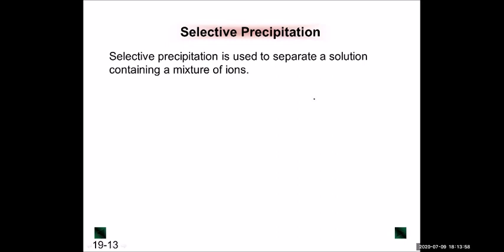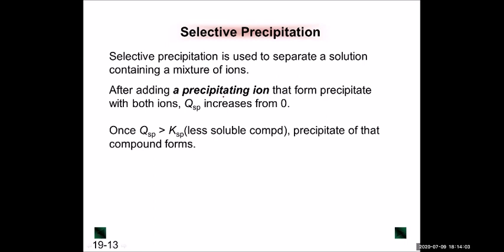Selective precipitation is basically this: we add a precipitating ion or precipitating agent, which is a reactant. Once we add it in, there's a chance this ion will combine with ions in the mixture.